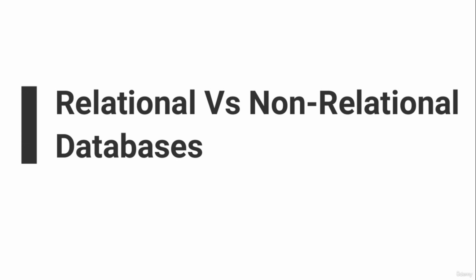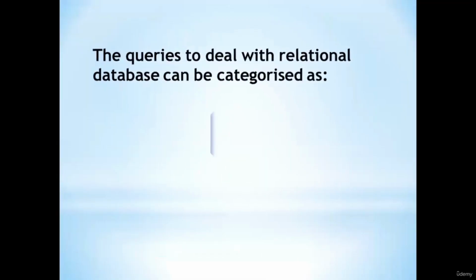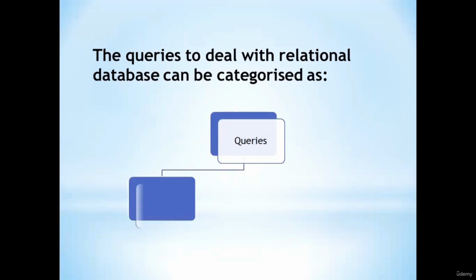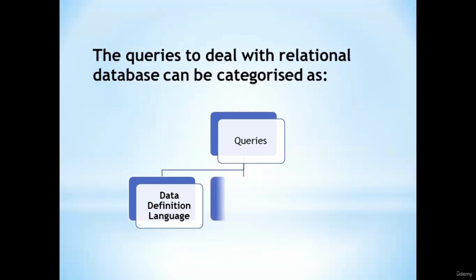Now the queries to deal with relational databases can be categorized as data definition language, which is used to define the structure of the database. Example: create table, add a column, drop column, and so on. Data manipulation language is used to manipulate data in the relations.